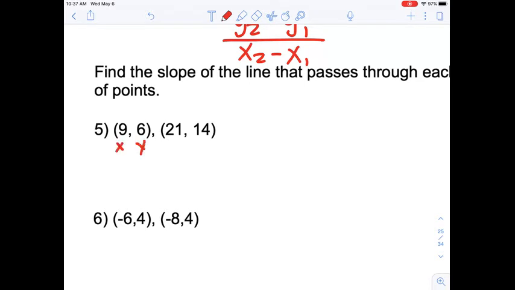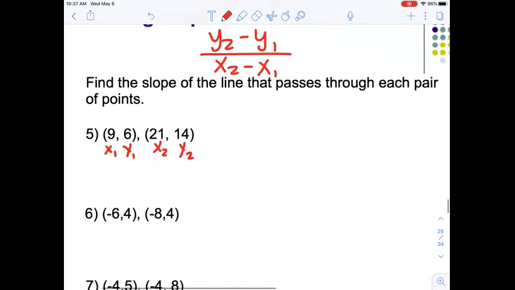And what I like to do is start by labeling my points. So we know that an ordered pair is x and then y. So both of these have an x and a y value. But since we have 2, we're going to label these as x1, y1, x2, y2. This helps us to distinguish our points. Then we just plug those numbers into our equation.